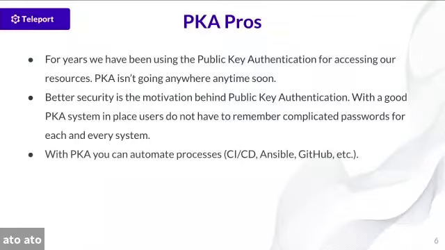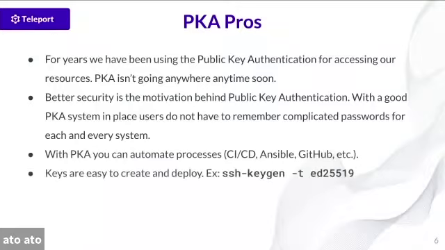With a PKA system, you can automate processes. If you're doing a git push to your repository, you're probably using a key that you have uploaded to GitHub or GitLab or Bitbucket in order to automate some of that process. So we touch PKA all the time. And it's easy to create and deploy new keys.